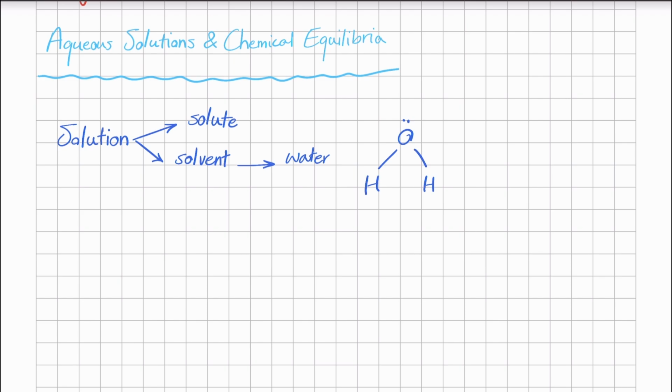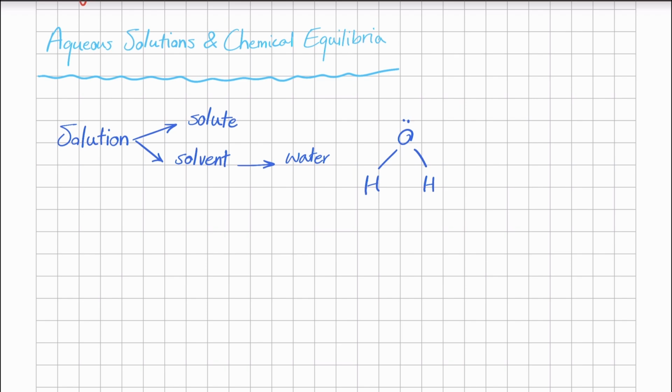So for our work in analytical chemistry, water can play an essential role and it can really help us in different parts. Now, let's talk a little about the characteristics and features of solutions.